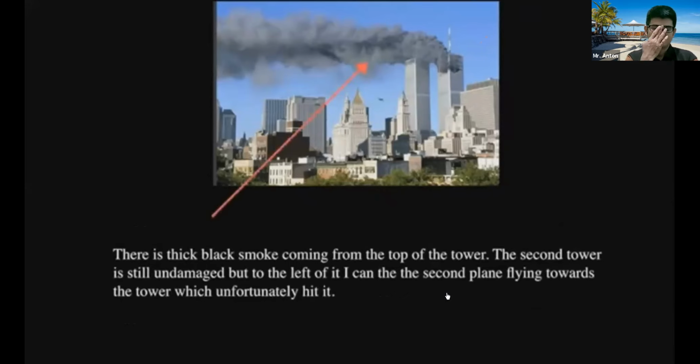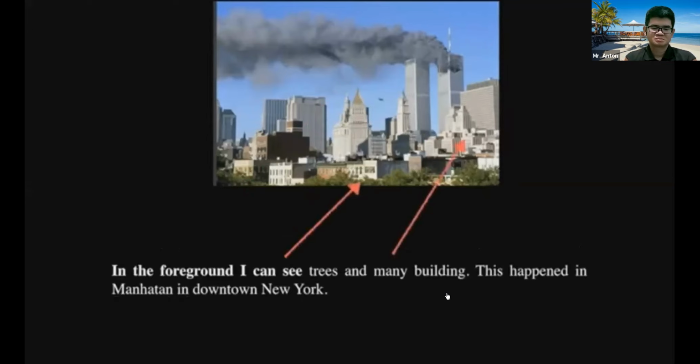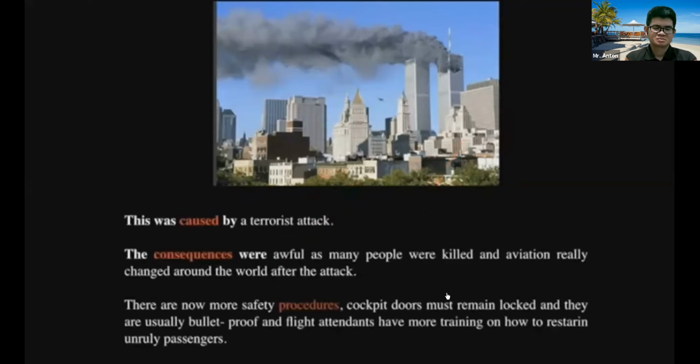In the background, I can see that the sky was clear. It was a sunny day. In the foreground, I can see trees and many buildings. This happened in Manhattan in downtown New York. This was caused by a terrorist attack. The consequences were awful as many people were killed and aviation really changed around the world after the attack.